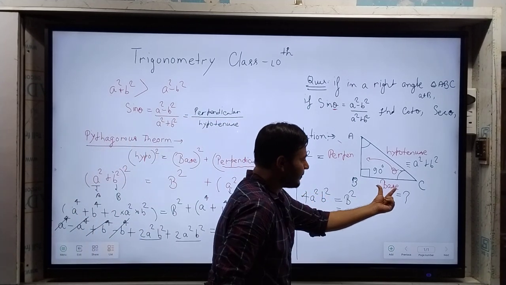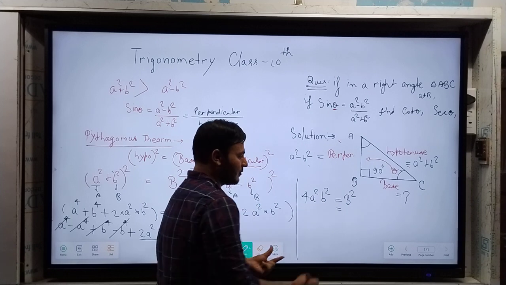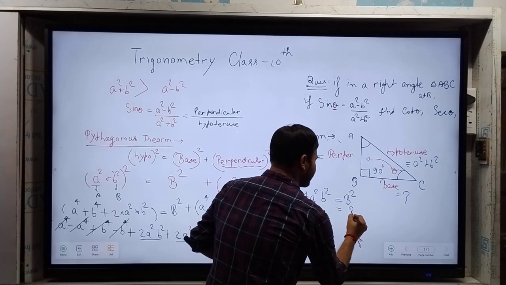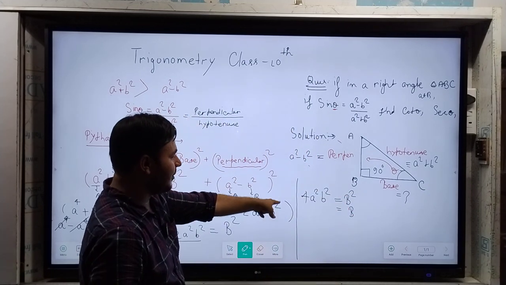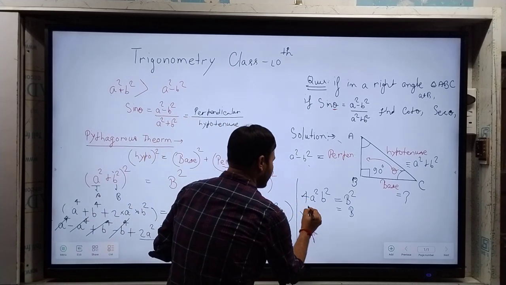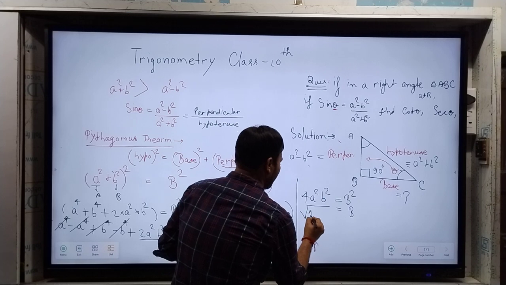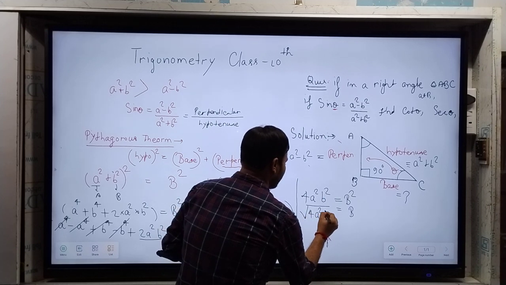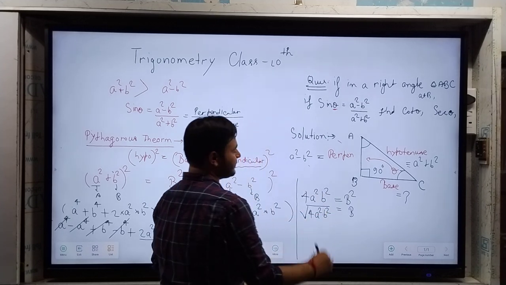Now you calculate base, not base square. So what will be base? The square will be converted into under root. Now this will be under root of 4a square b square.